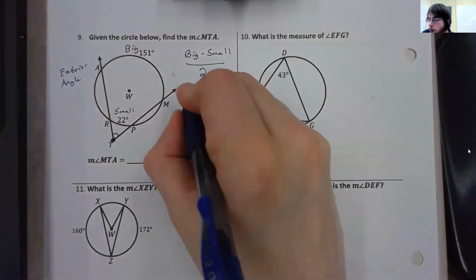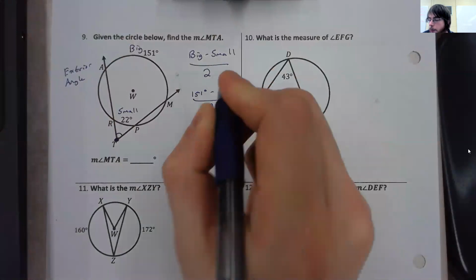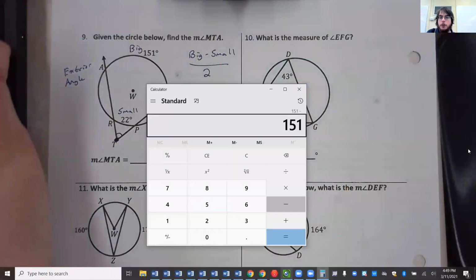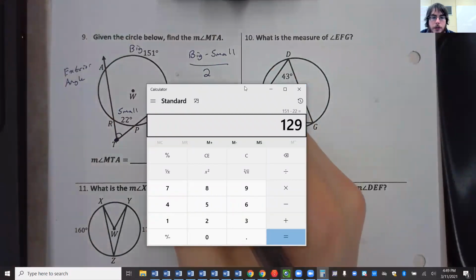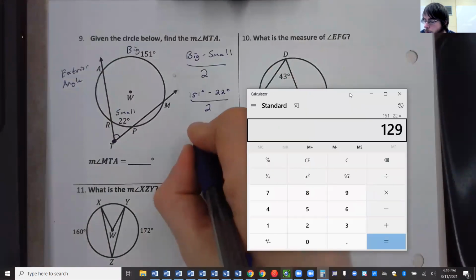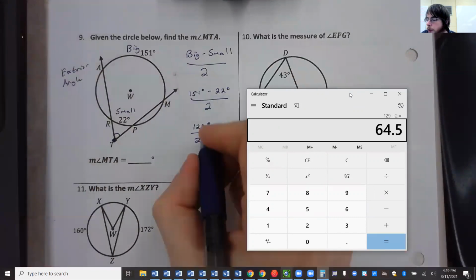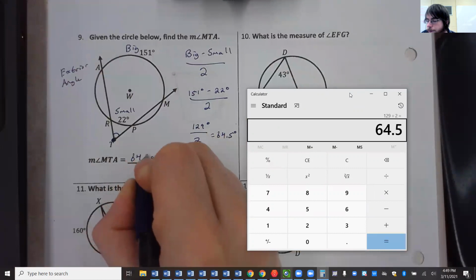So 151 minus 22, and then divide by 2. So 151 minus 22 is 129. 129 divided by 2 gives you 64.5 degrees.